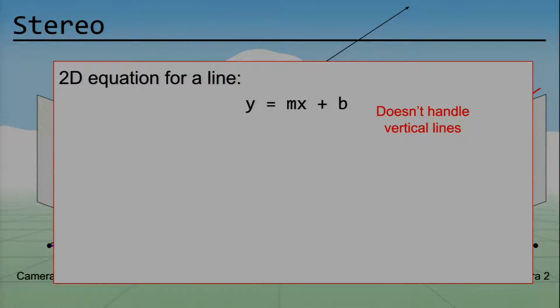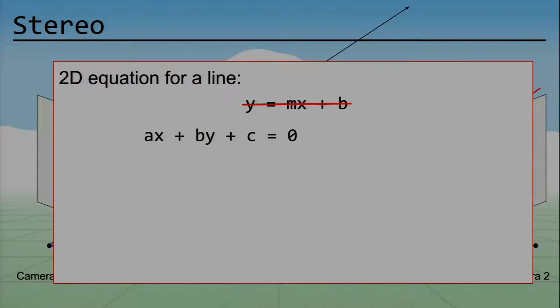So normally when we're describing a function that's a line, we're just sort of describing a function as input of x. But here, our line is not a function of x. It's just an arbitrary line that can be anywhere, including a vertical line. And so we can't represent a vertical line with y equals mx plus b, so we need a different equation for a line. So we're going to use this equation, ax plus by plus c equals 0.